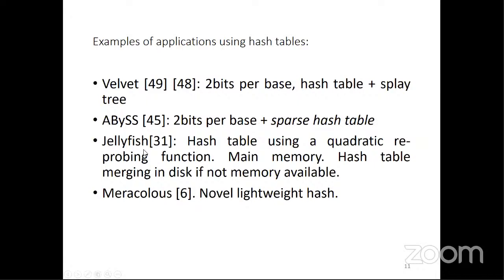In the case of Jellyfish, it is a K-mer counter that uses a lock-free hash function and a core part of the K-mer in the index. And finally, Minia is an assembler that uses a novel lightweight hash with multiple hash functions to avoid explicitly storing the keys themselves.